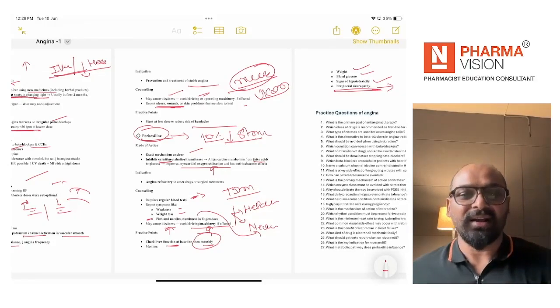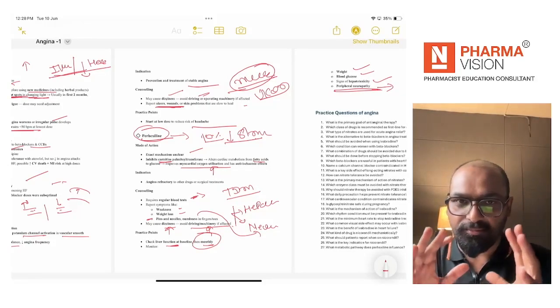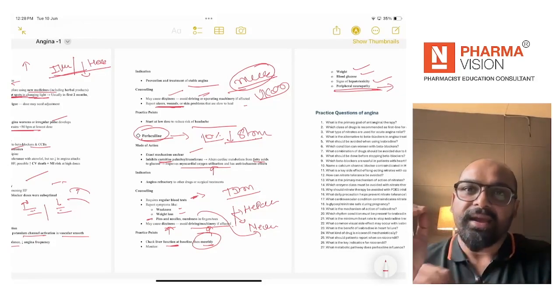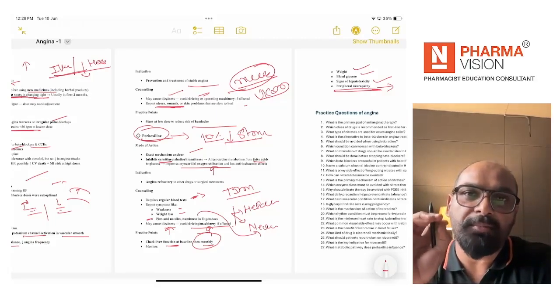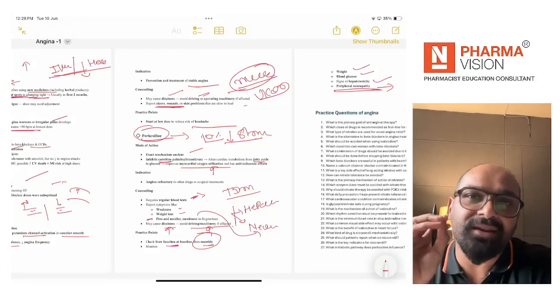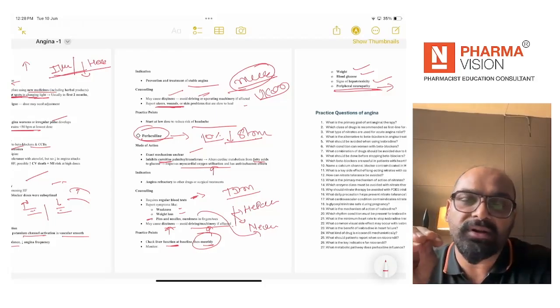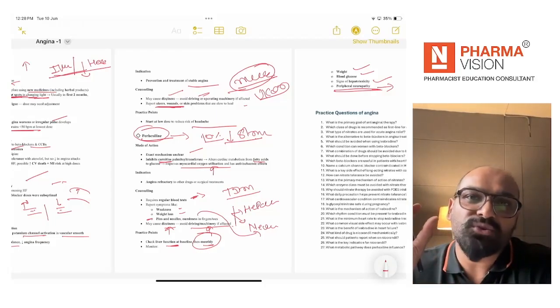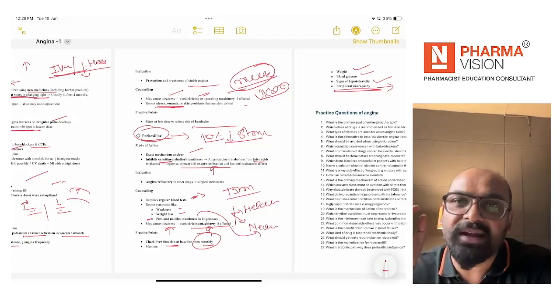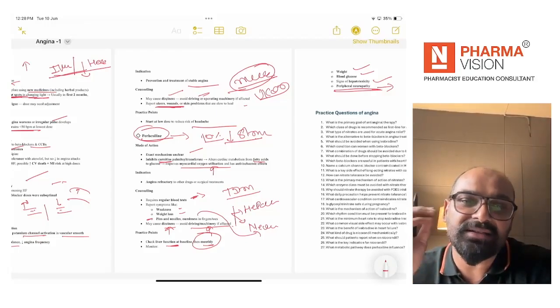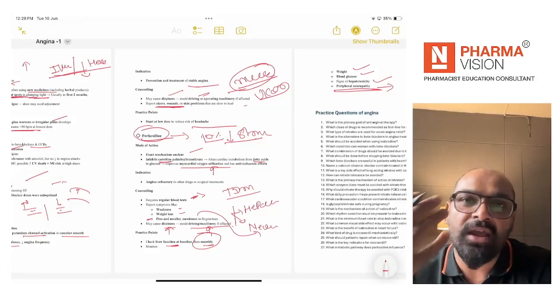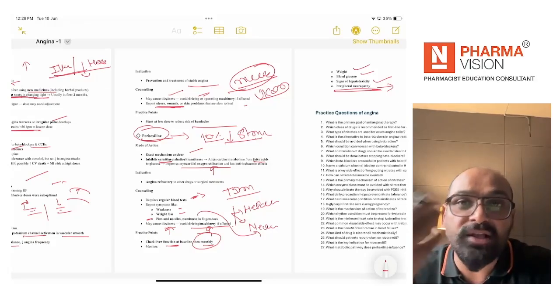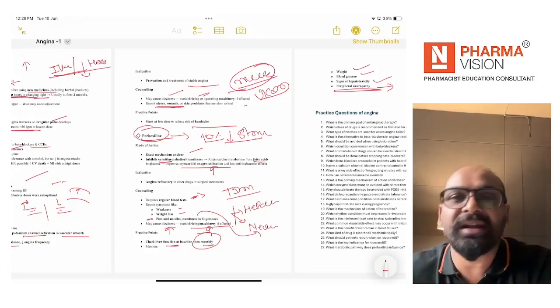Okay, so that was a very interesting set of points about angina. At the end of the class, if you remember 10-15 points, those are really crucial and important. Don't think that you have to become an expert in angina, but at the end of the class, after spending half an hour to 45 minutes, if you extract the most important 15-20 concepts, that will be perfectly fine.